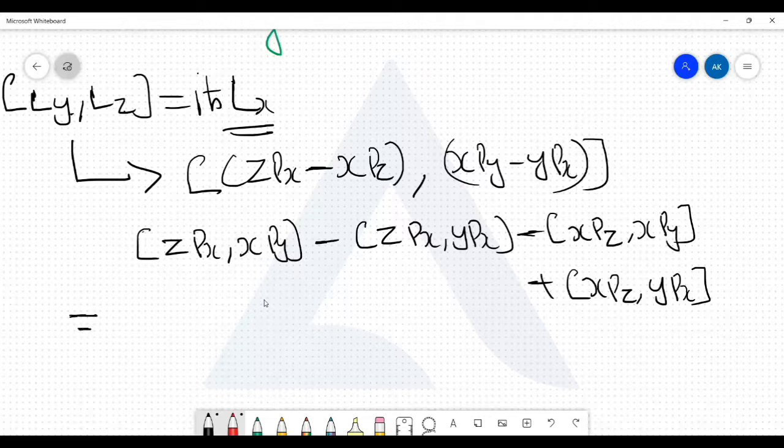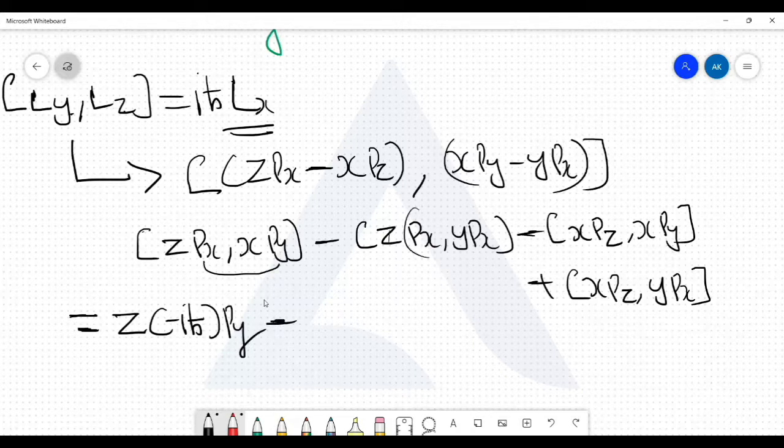So this is equal to, you have your x z p_x. Taking z and this term, you will get minus iℏ, therefore z minus iℏ p_y comes. If you take the commutator of z with this term, everything will be 0.